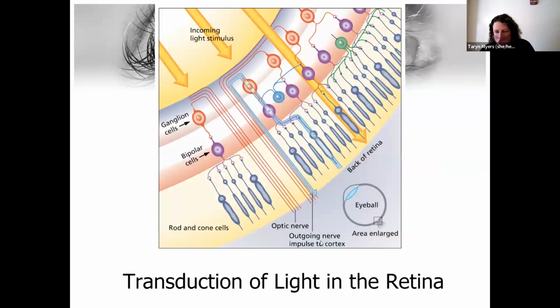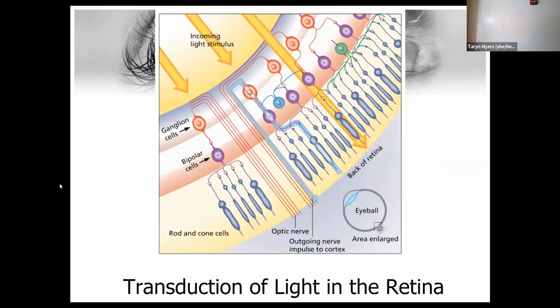All right, and then this is getting a little more technical about what happens in the fovea. The light comes in the back of the retina, and again it goes through these rods and cones. Several of the rods and cones transmit information to one bipolar cell. Then the bipolar cells transmit information to the ganglion cells.